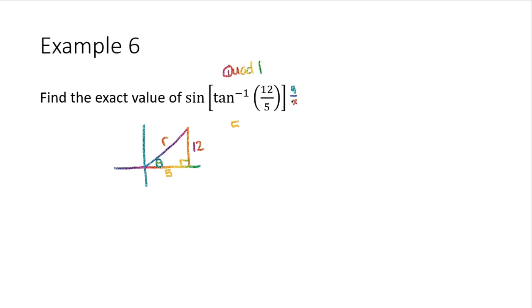All right, that's going to give us a squared plus b squared equal to c squared. This is 25 plus 169 equal to r squared. That was 144, I'm sorry, I'm getting ahead of myself.